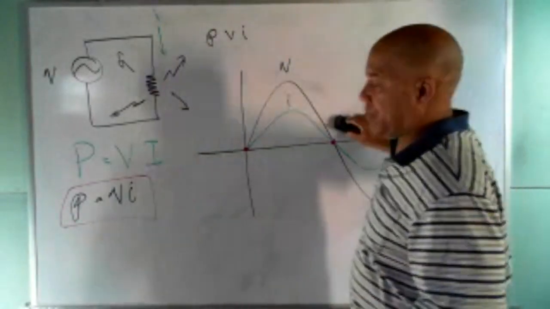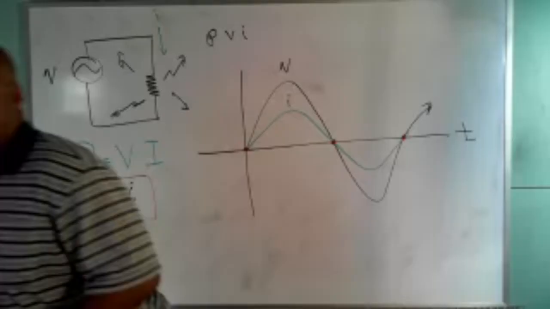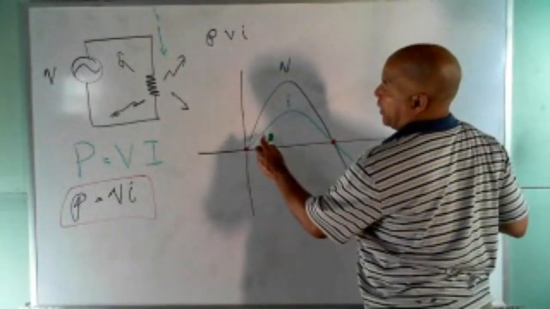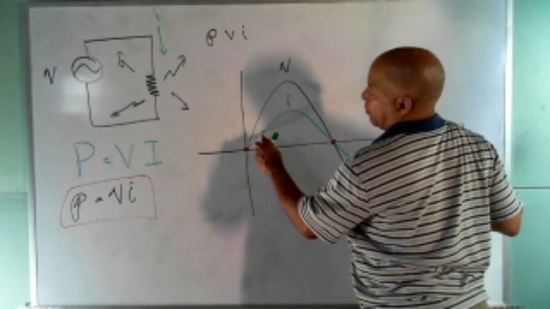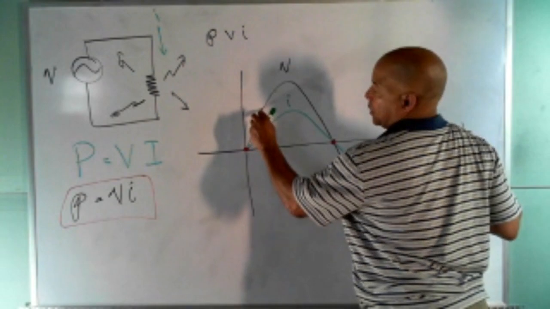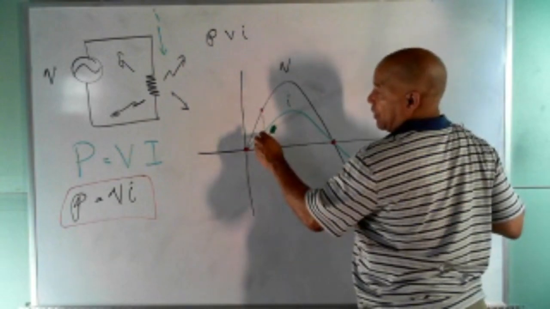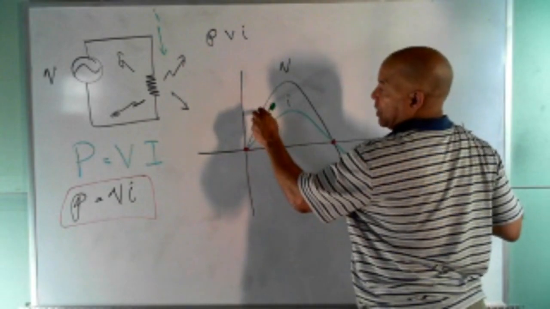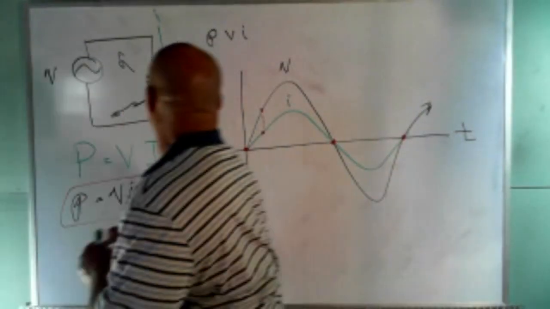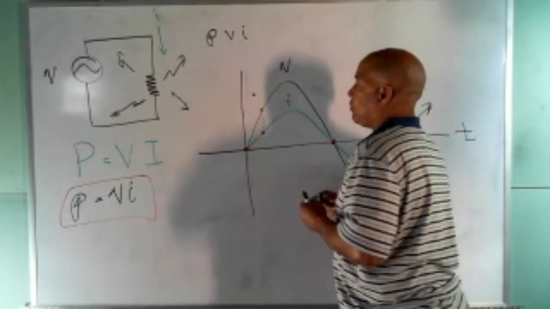And what I would do is multiply on the graph point by point. And so what I mean is, let's say I take a number here. I take that current and multiply by that voltage value. If I take this positive number times that positive number, I get another positive number up here.